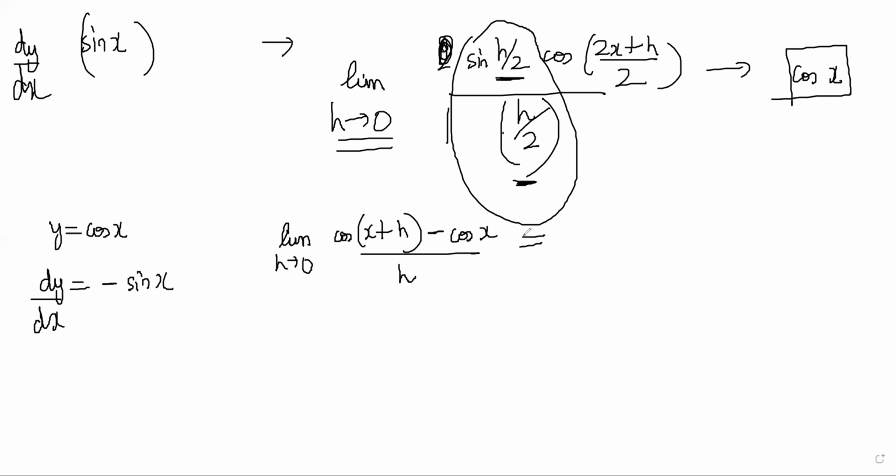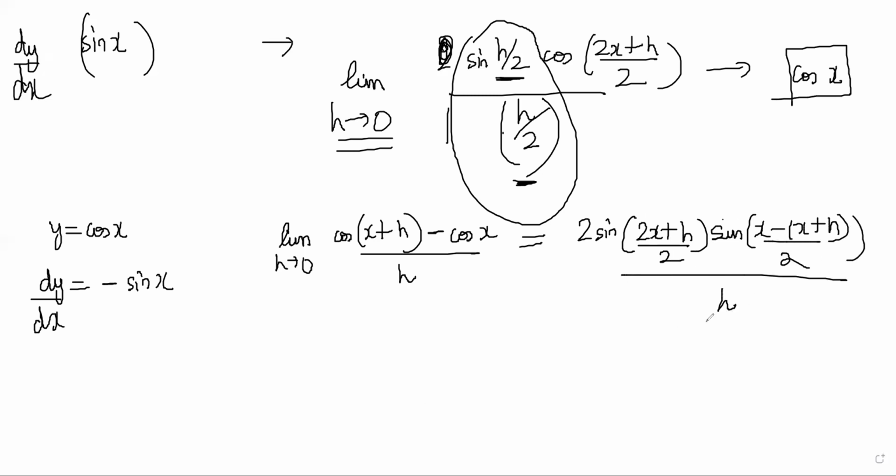This is cos c minus cos d. I know the formula. You will also know it soon. I'll just write it here. It will be 2 sine of c plus d by 2, which is 2x plus h by 2, into sine of d minus c by 2. And d minus c will be x minus x plus h by 2. Okay.